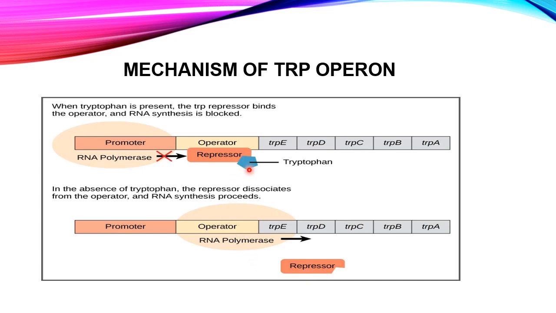Now, in the presence of tryptophan, the repressor protein is active and is binding to the operator region. Now the RNA polymerase cannot bind to the promoter region, and thus the transcription is stopping because of the presence of the tryptophan.